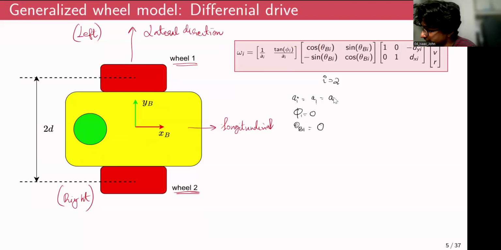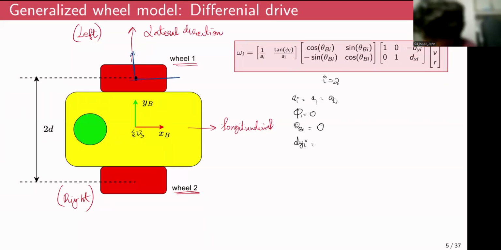Then what are these dyi and dxi? dyi is nothing but the distance from the body frame of reference, if I call this the body frame of reference, to the wheel frame of reference. So essentially we have a wheel frame of reference like so. I'll call this XCi.